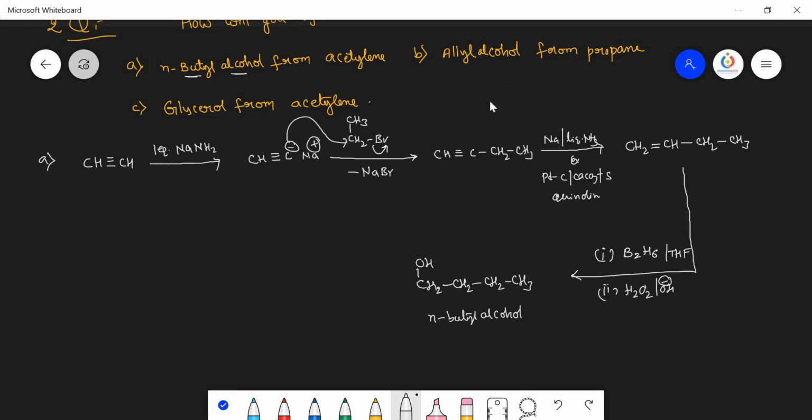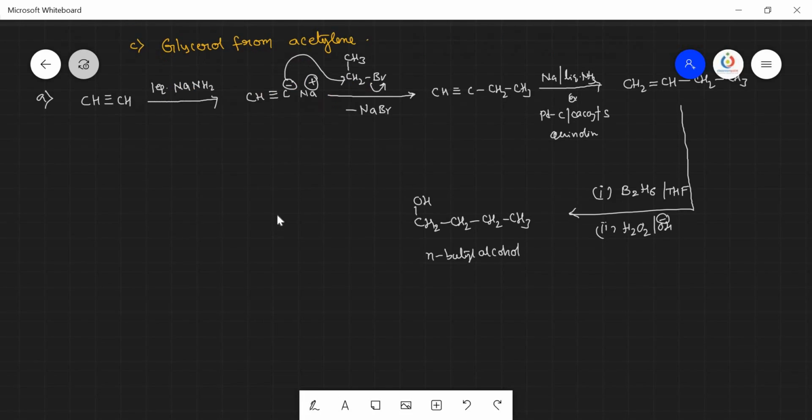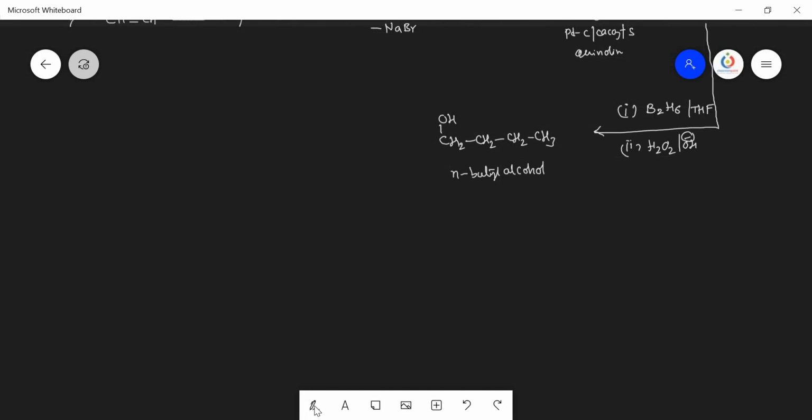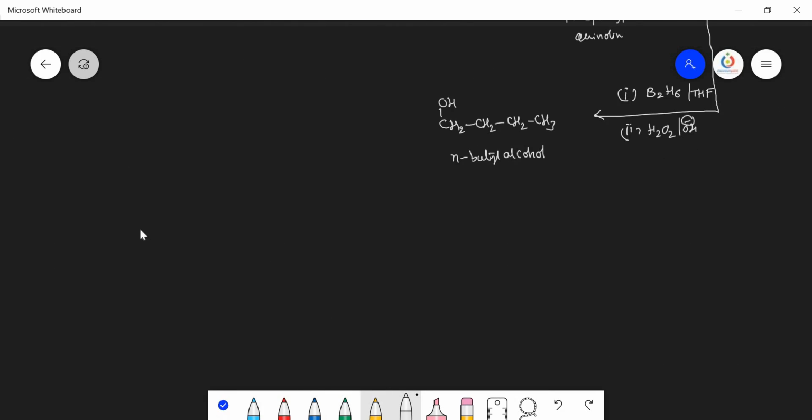Let's go with question number B. Allyl alcohol from propane. Let's take the propane molecule, CH3 CH2 CH3.